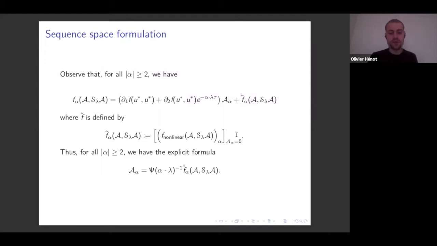So all of our Taylor coefficients for all orders greater than 2 will essentially be given by this formula. And again, this is why we wanted this non-resonant condition, because we are trying to invert the characteristic equation here, right? So we don't want it to vanish.